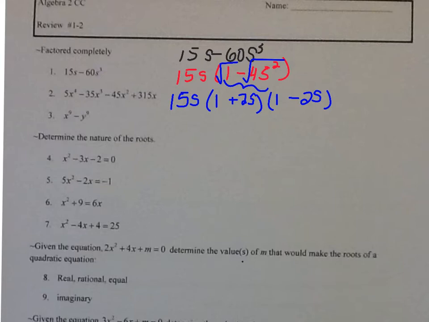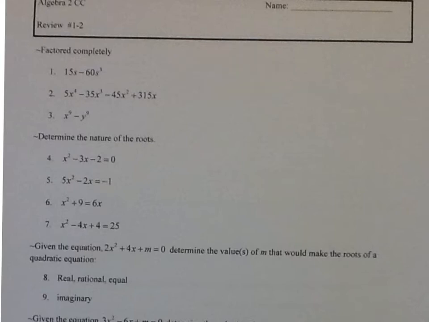All right, so let's take a look at number 2. I noticed that it is 4 terms. Now remember, just because it's 4 terms doesn't automatically mean that it'll be grouping. Always look for a GCF first.